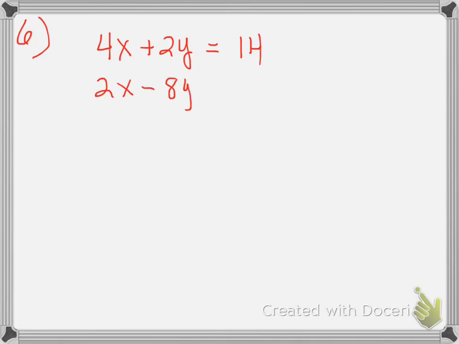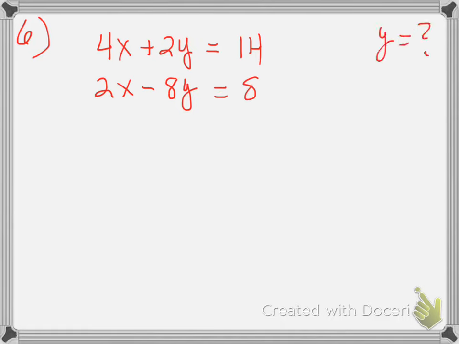Number 6, we have the system of equations, which is 4x plus 2y equals 14, and then we've got 2x minus 8y equals 8. And we want to find the value of y.